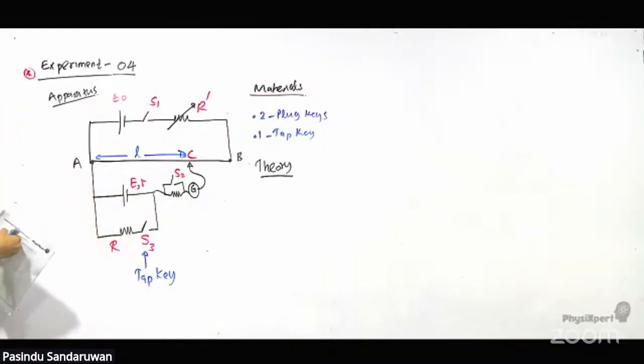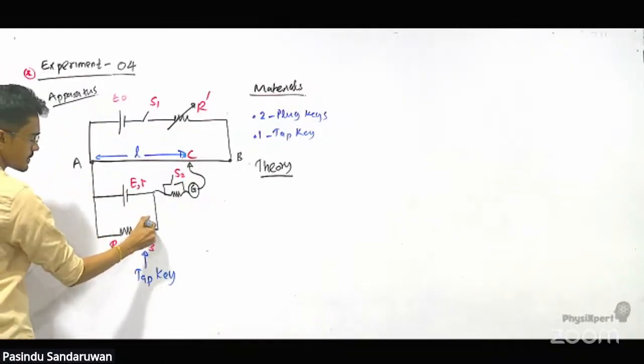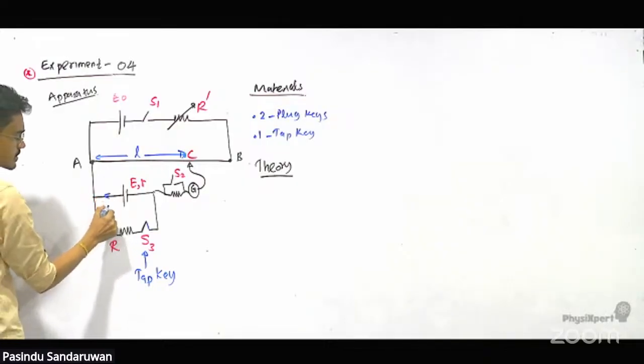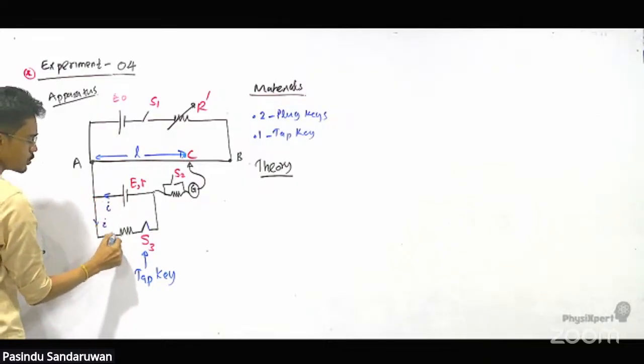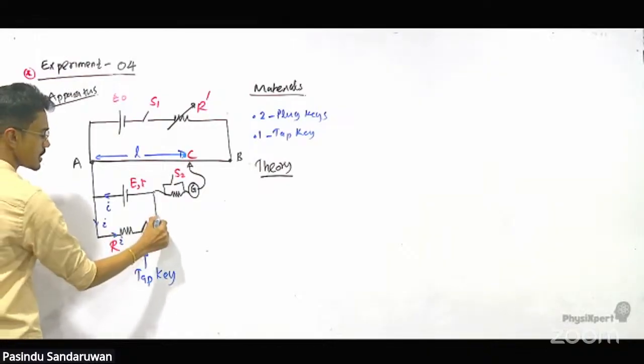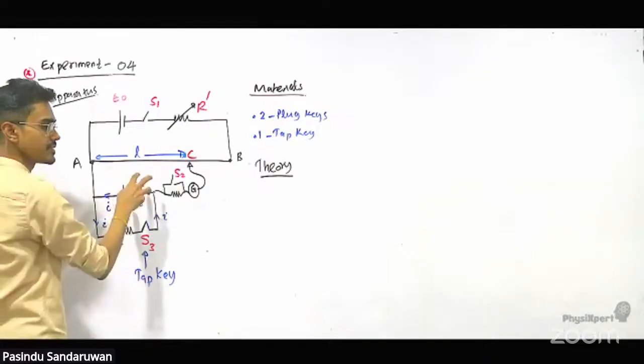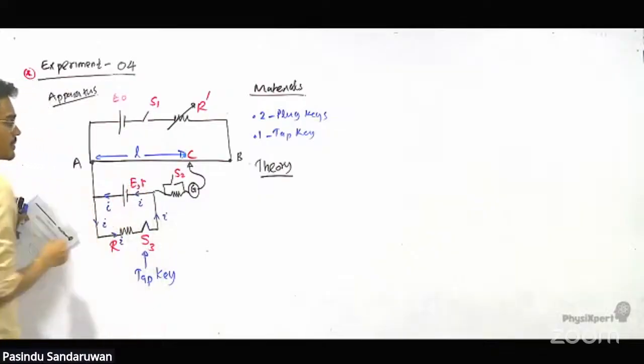Okay, see now, when this is closed, a current flows through this sub loop, the secondary loop. When a current flows, the internal resistance is active.